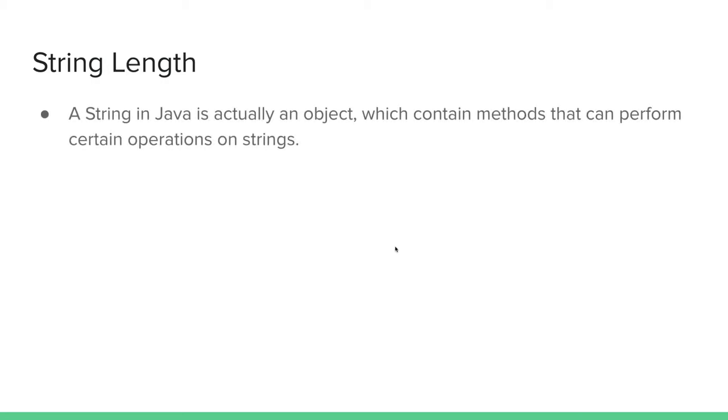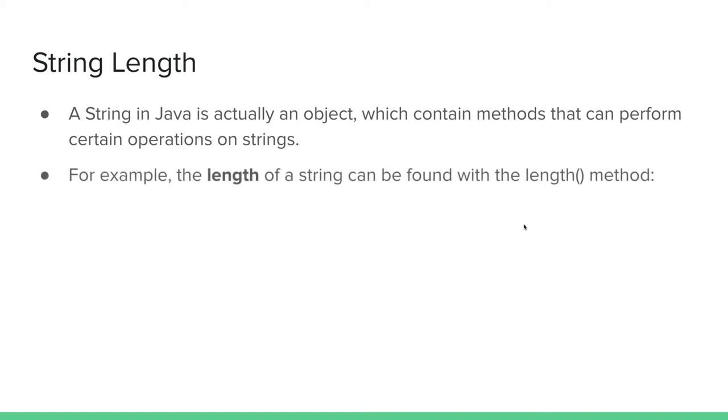So, string length. As I mentioned earlier, a string in Java is an actual object which contains methods that can perform certain operations on strings. Remember we said objects know stuff, and they can actually do stuff. The do-stuff part is the methods. One common method of string is length.